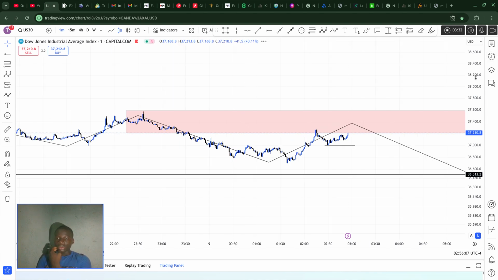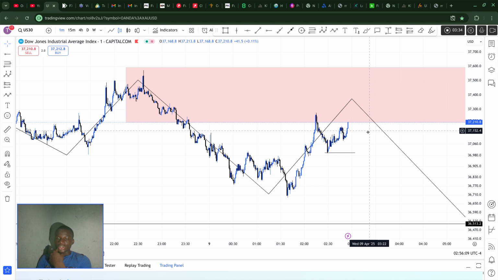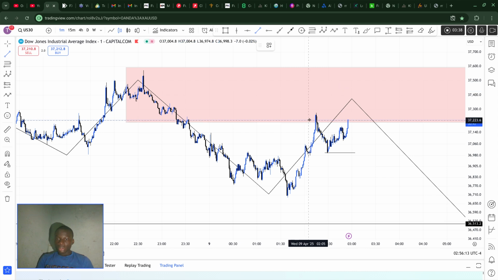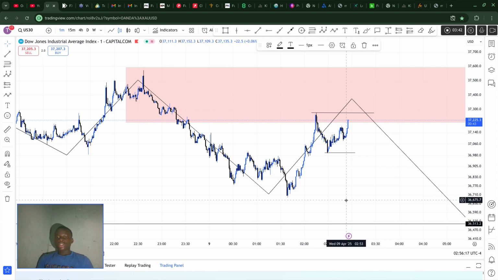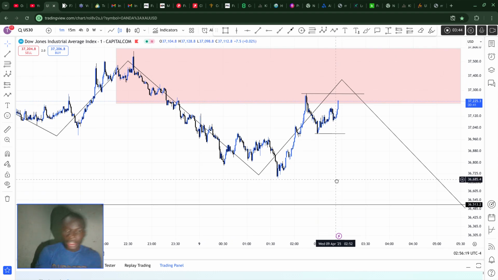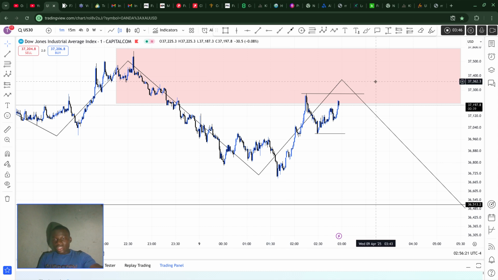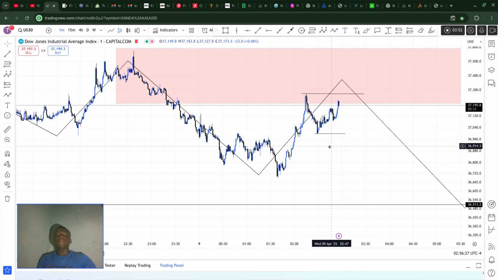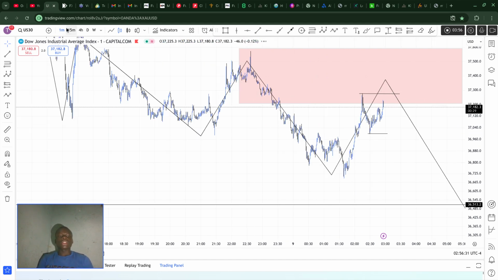I'm probably looking to take that entry from here. If this wasn't able to take out this high and comes down south, I'll probably take my entry here, because there we have a microstructure shift.